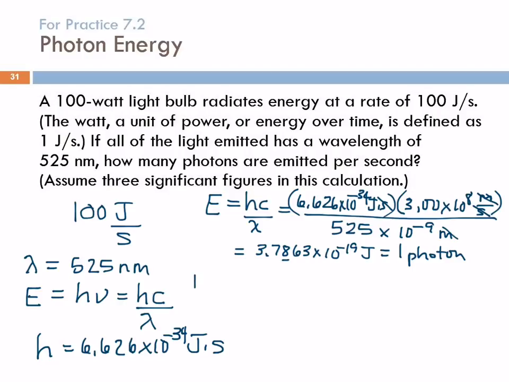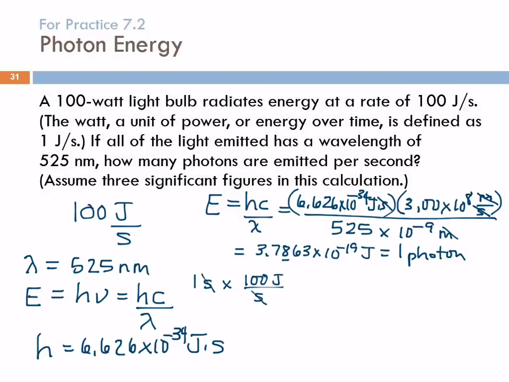So I have 1 second. That's my time period. And I have 100 joules per second. Let's try to be consistent in our units. 1 second times 100 joules every second.